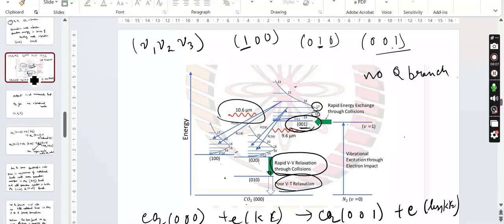But the relaxation from 010 to 000 also needs to be very rapid for uninterrupted carbon dioxide laser work, so we make this transition very quick. We also use helium gas.